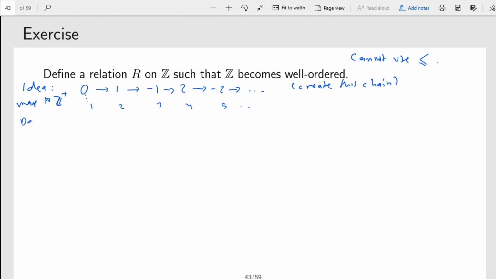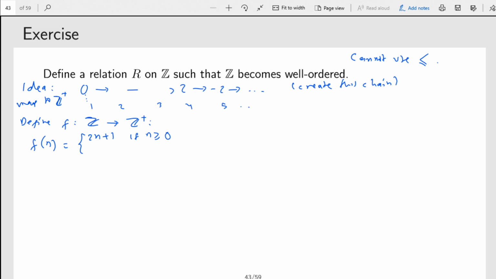So what is our mapping? Define f, a function from Z to Z plus, such that f(n) is equal to 2n plus 1 if n is greater than or equal to 0, and then, sorry, I forgot.